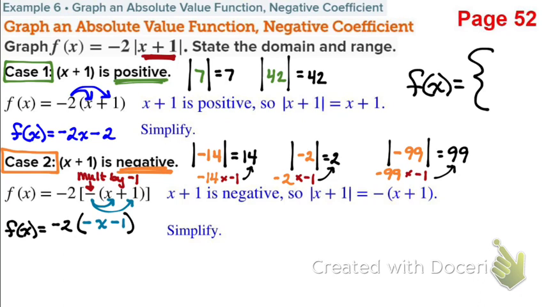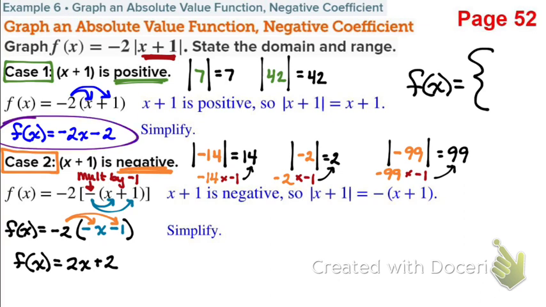Can I do anything more to this? Yep, I can distribute that -2 to each piece. What's a negative times a negative give me? A positive. So f of x equals positive 2x plus 2. Here's my 2 rules for my 2 cases, right here and right here.